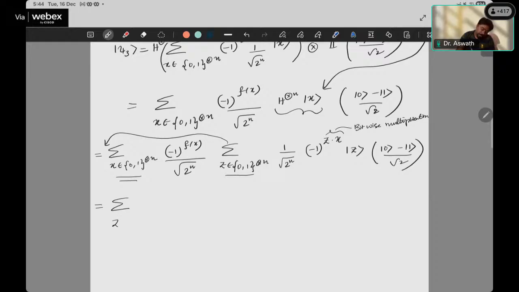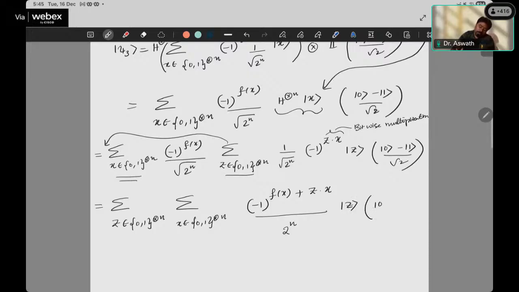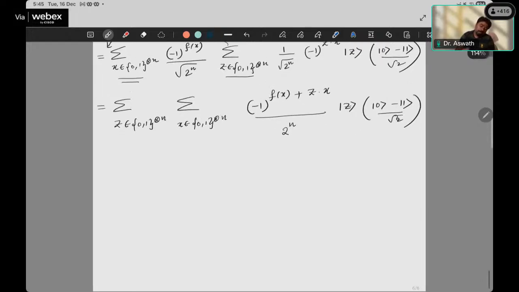Summation over z belongs to {0,1}^n, summation over x belongs to {0,1}^n, (-1)^(f(x) + z·x) divided by, there is a square root of 2^n, there is a square root of 2, so which will become just 2^n, |z⟩ (|0⟩ - |1⟩)/√2. Okay, this is what psi 2 would look like.